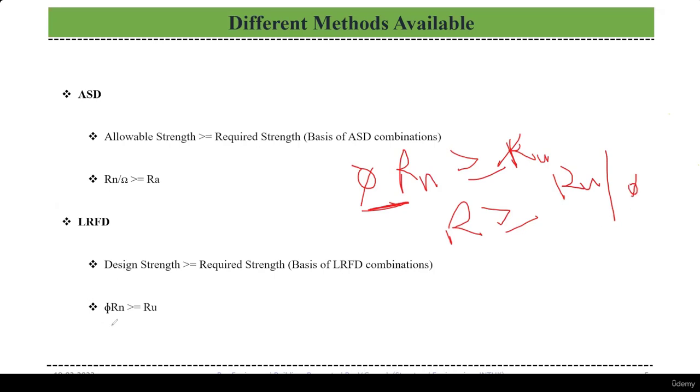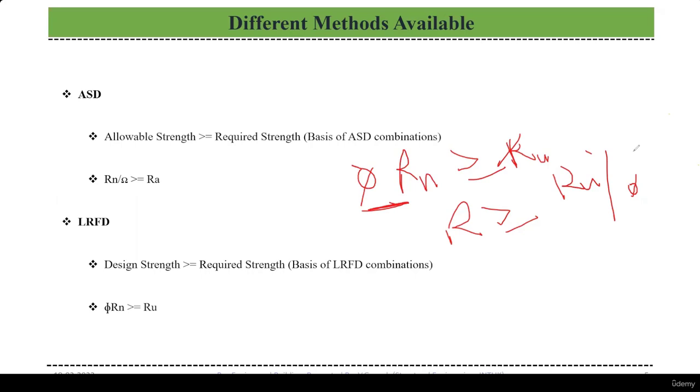So phi value will always be less than 1, and when we divide the value by something less than 1, that gives you more than 1, right? If the value on the bottom side is less than 1, you'll get a value which is higher than 1.